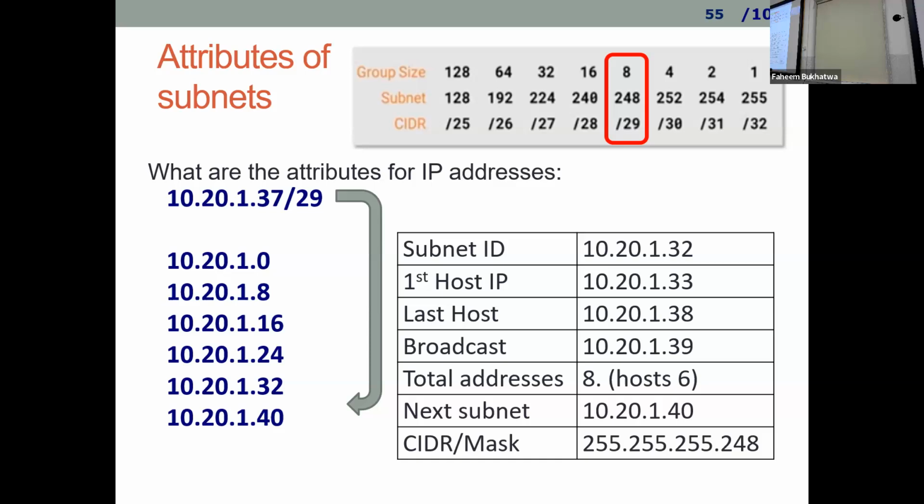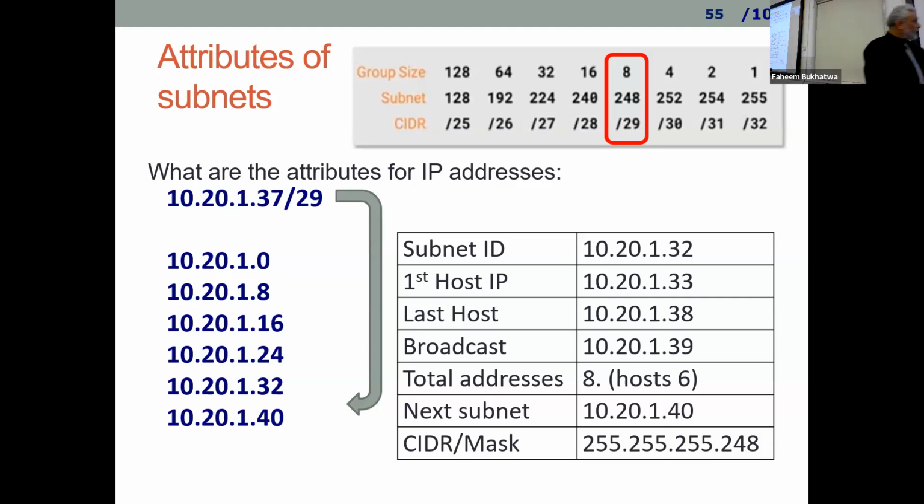So every subnet will have 8 addresses. You always start with 0, so 10.20.1.0 is always your first one, and then you add 8. The next starts at 8, 16, 24. This address is 29, so it's between 24 and 32. So it falls in this subnet, subnet 4, and it's a normal address.